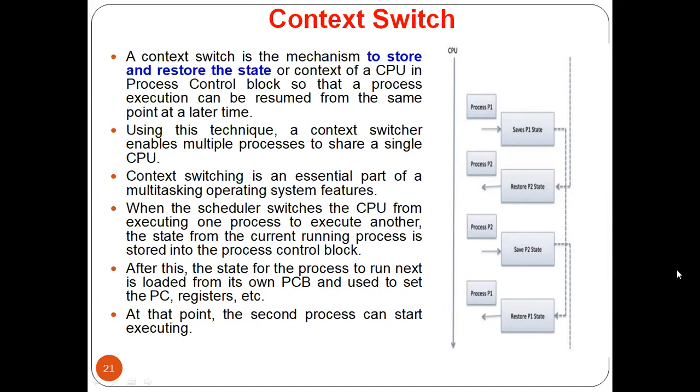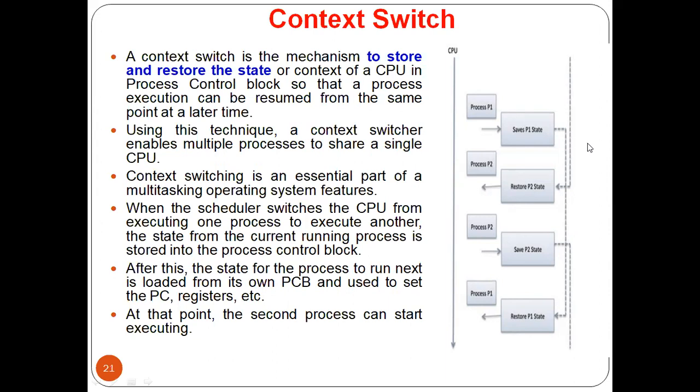That is, you can see here, two processes are there, P1 and P2. Okay. So when the two processes are set to be run, the process P1 state will be saved in the process control block. In the meanwhile, process P2 will start executing.